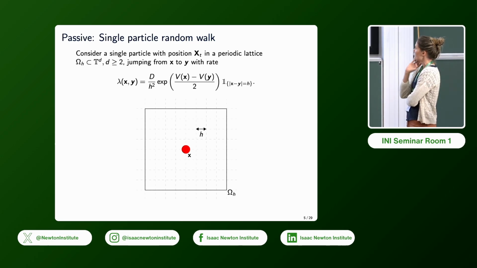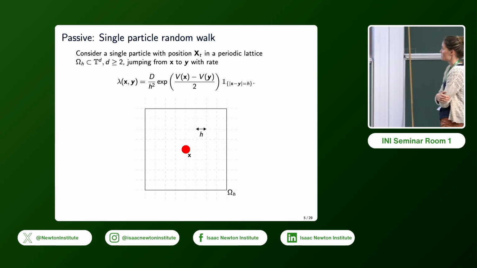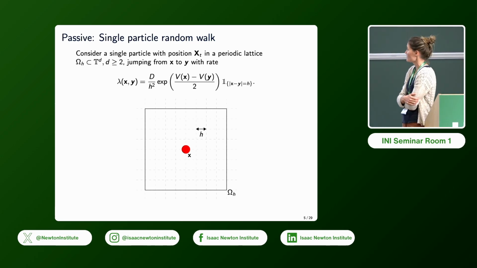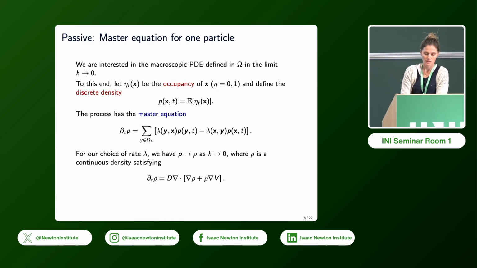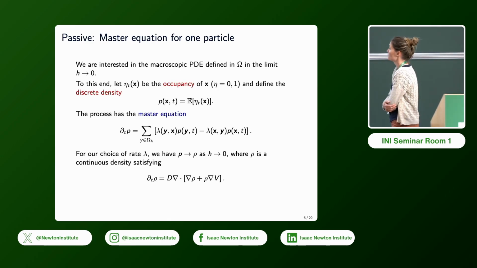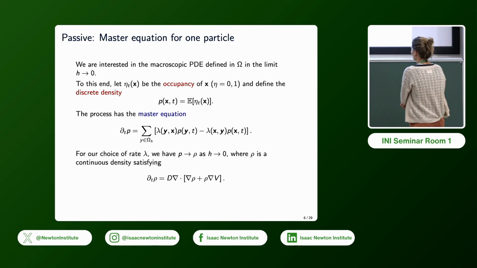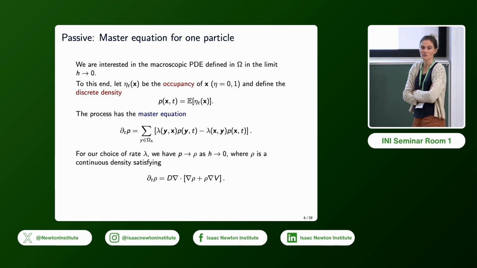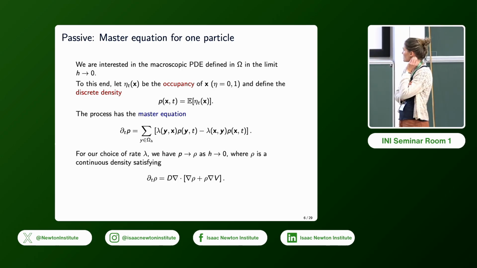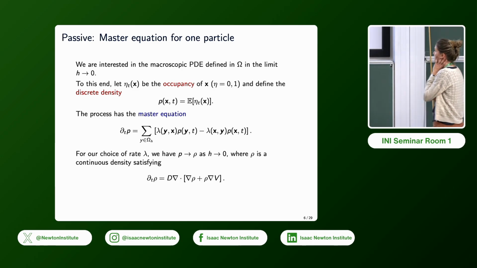And then the thing inside the exponential is the asymmetric part of the jump. This is chosen such that if you take h to 0, what we want to get is this drift diffusion equation. So this is the idea that we'll have this diffusion in the limit as h goes to 0.